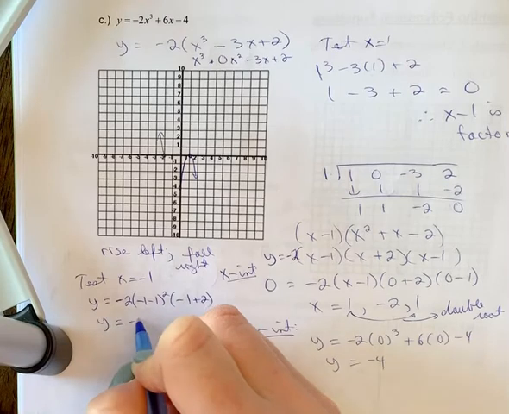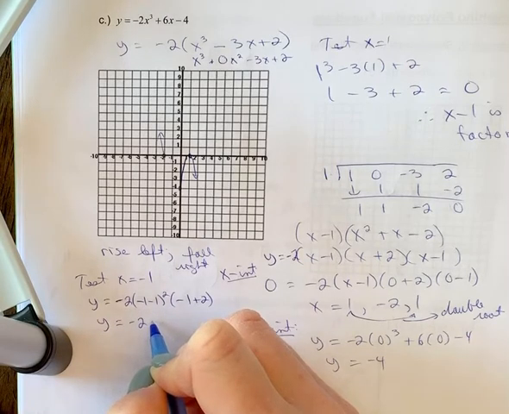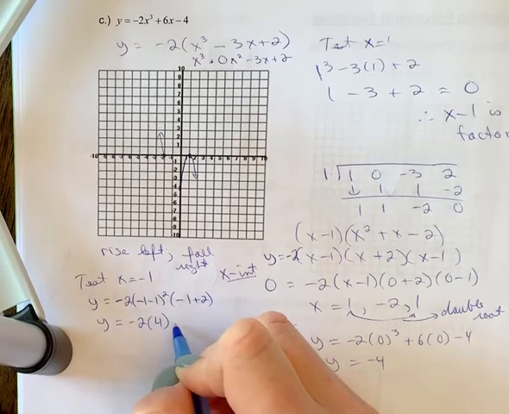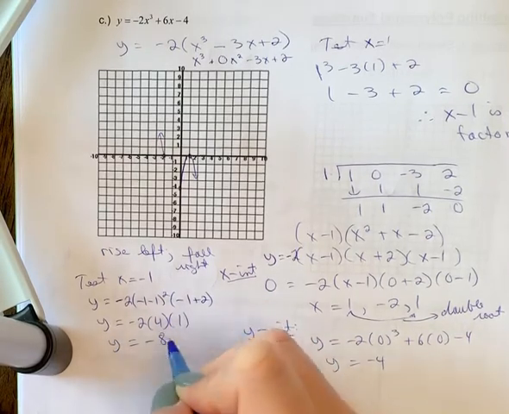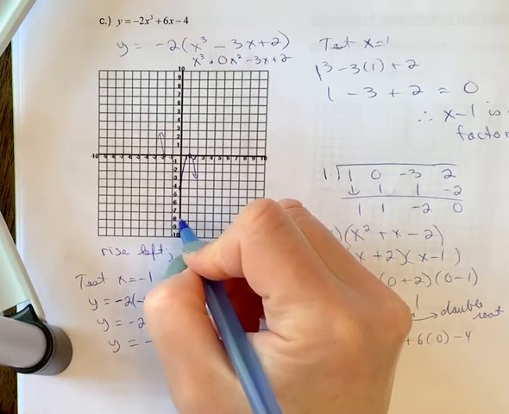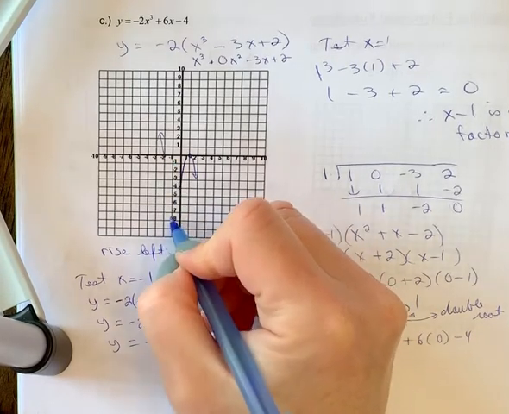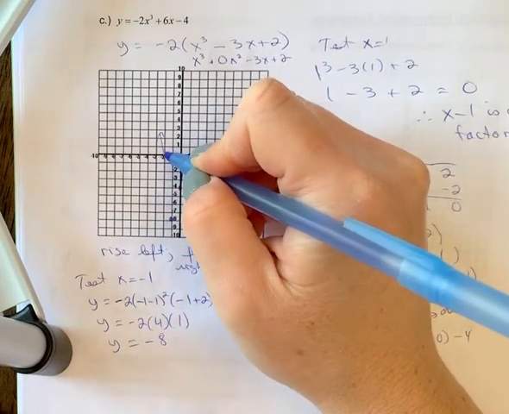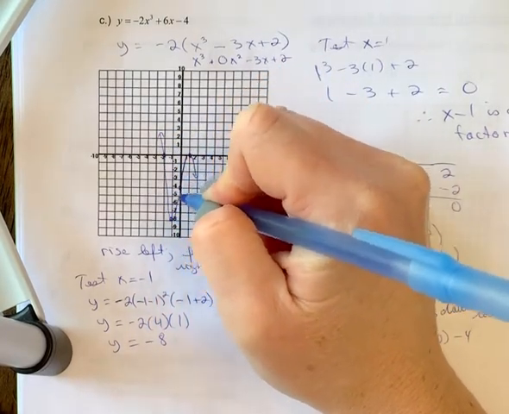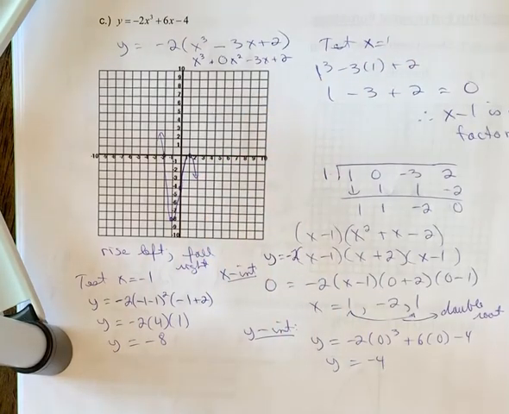So we're going to get -2 squared, and then this is going to be 1. So we get y equals -8. So it was -1 and -8. It was a good idea that we tested those points because then it does go down further than maybe I originally thought. So it was worthwhile testing to get a little bit more of an accurate graph.